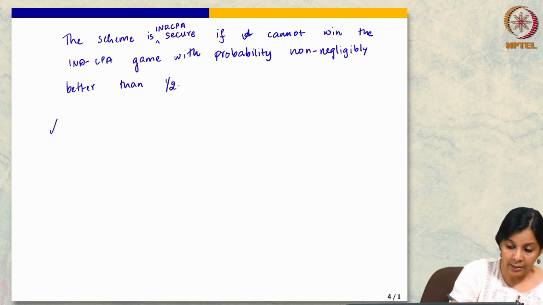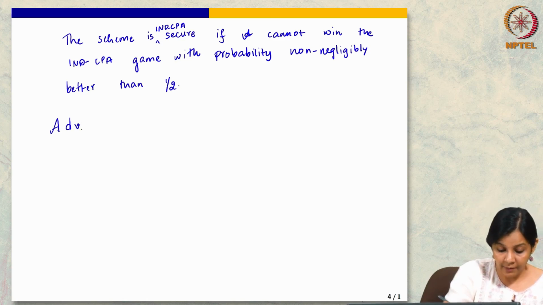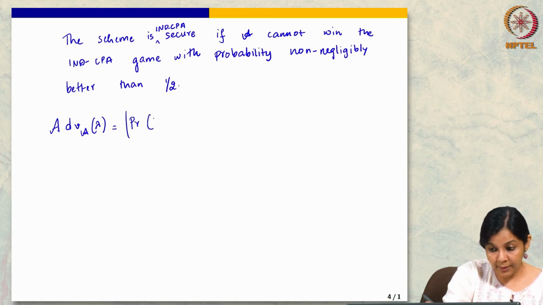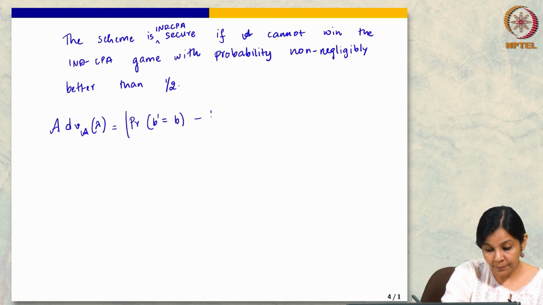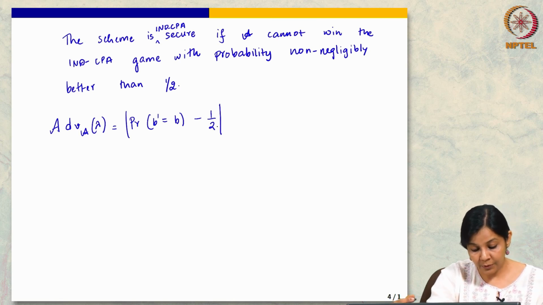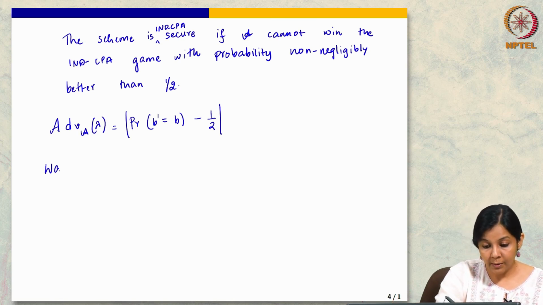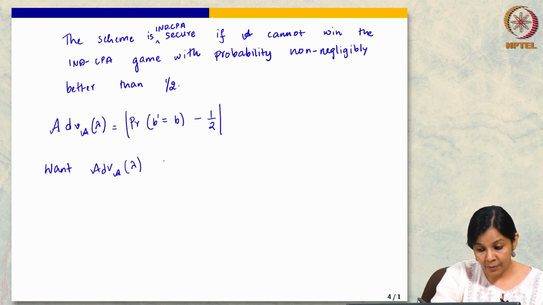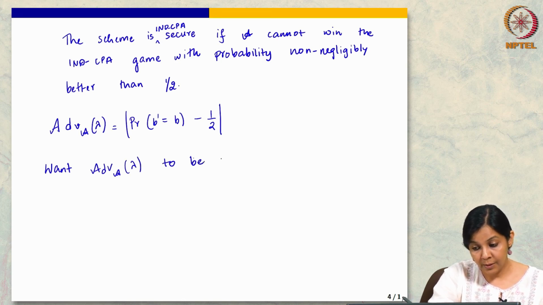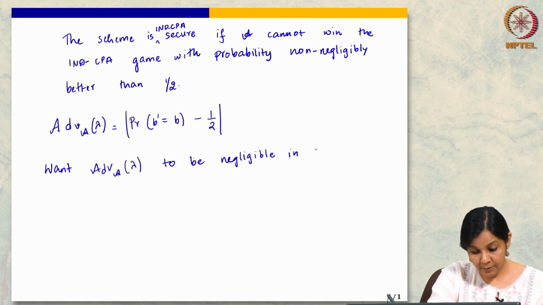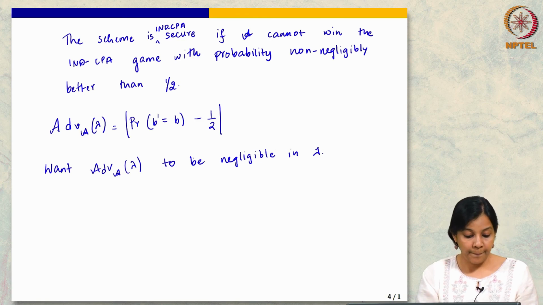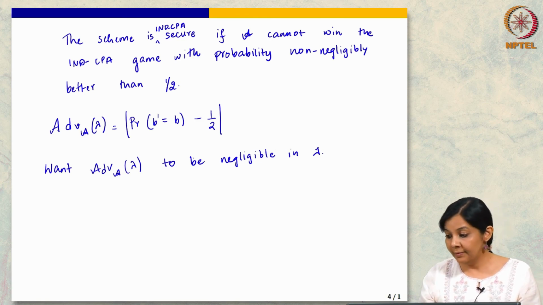We define the advantage of this adversary as the absolute value of the probability that B prime is equal to B minus half, and we want the advantage to be negligible in lambda. Is it clear?